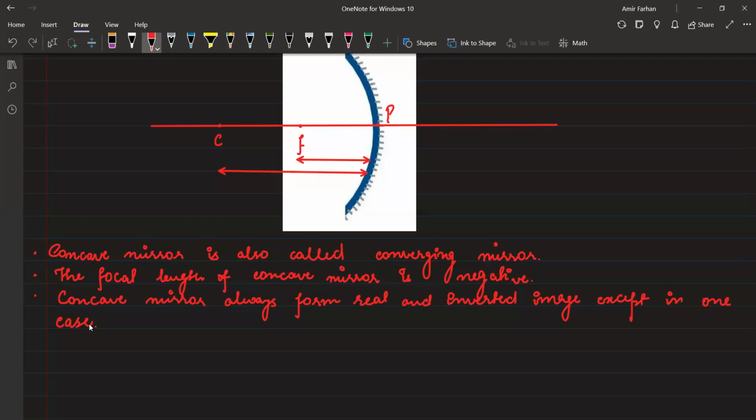Clear? So these are some properties you can consider while understanding the concave mirror properly.